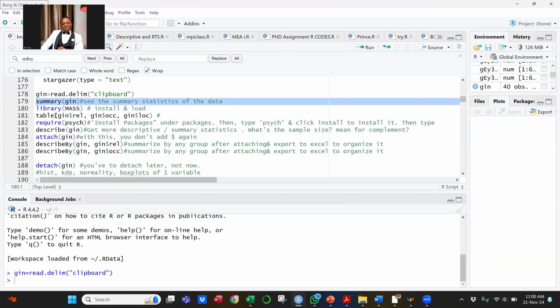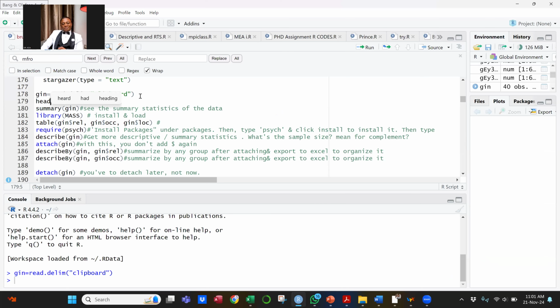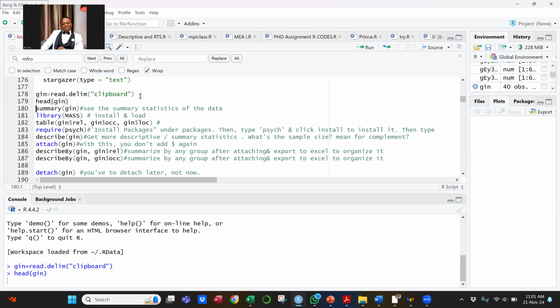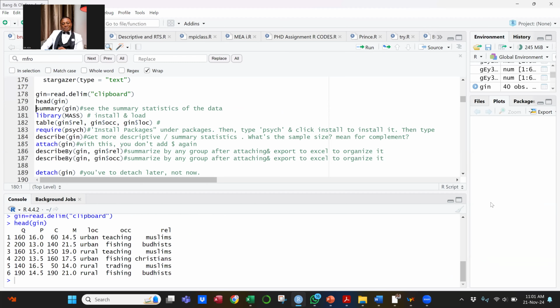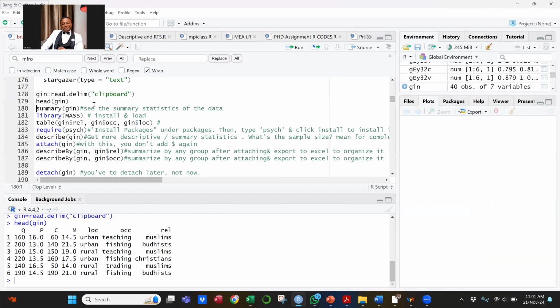If you want to see the whole data set, by now you should know that you can type head, and that will show you the first 6 rows of the data. You can always do that. And at the bottom here, you can see that it is showing the first 6 rows of the data.